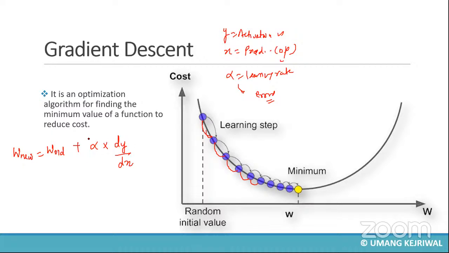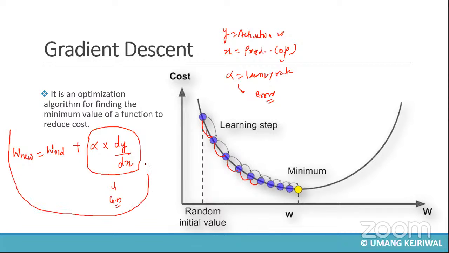So this is the formula. This part is known as gradient descent, and this complete step is known as back propagation. Back propagation.